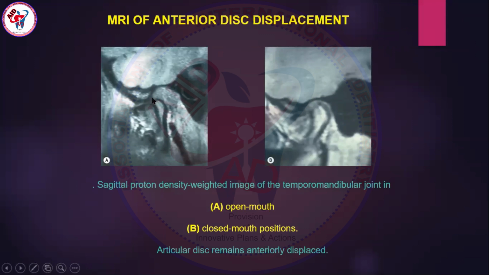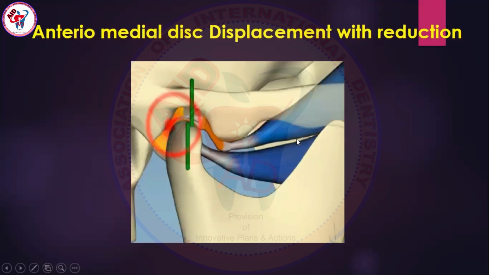Rather than sitting over the condyle, the disc is in the forward position. And when it is closed, it is right here, rather than coming to its own place, it is more forward. This is the condylar head, that is the disc, and those are the superior and inferior fibers, the superior and inferior joint spaces, and that is how the orientation has changed.